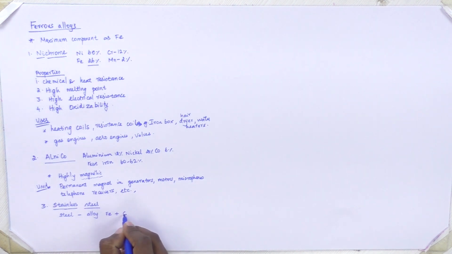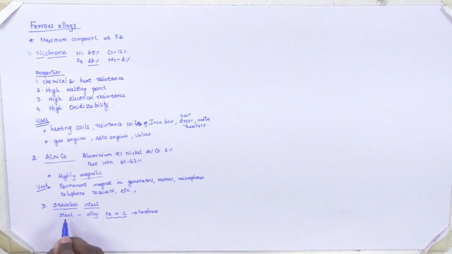When we add carbon to iron, it improves the hardness of that material, and this alloy is called steel. So steel is an alloy which has iron and carbon, and the carbon is added in a few percentage just to improve the hardness of the iron metal.